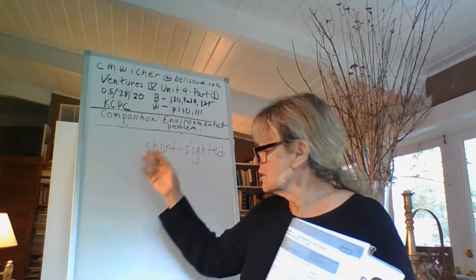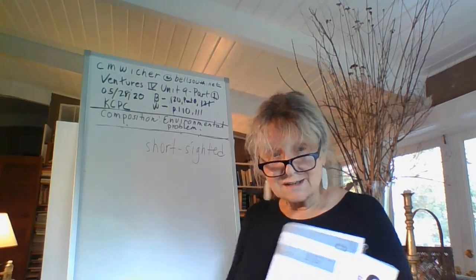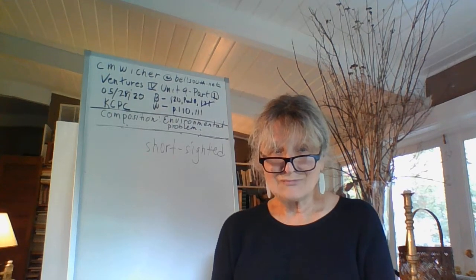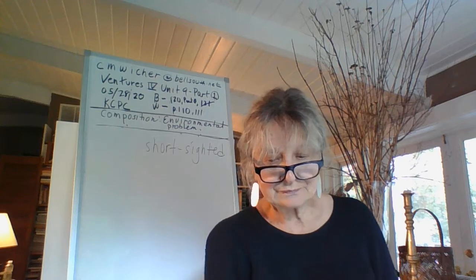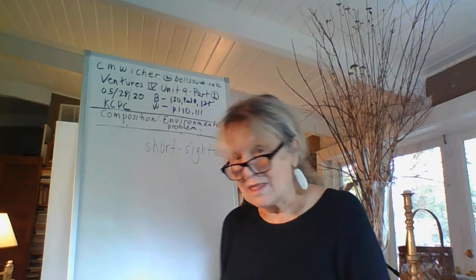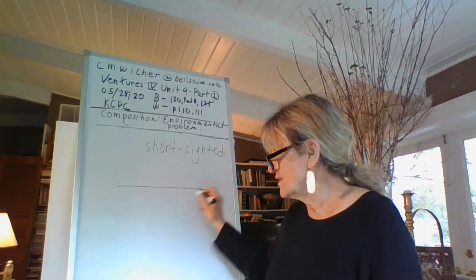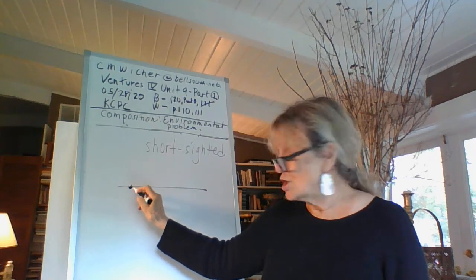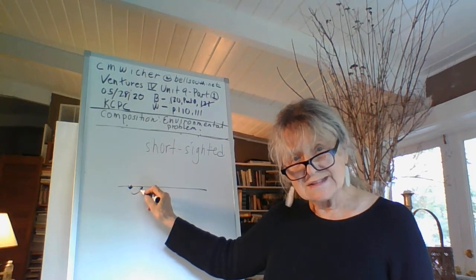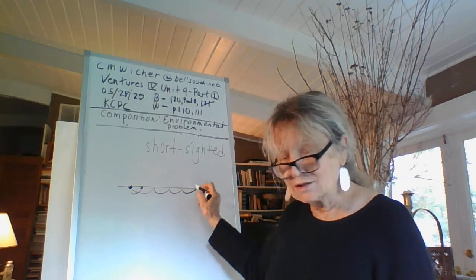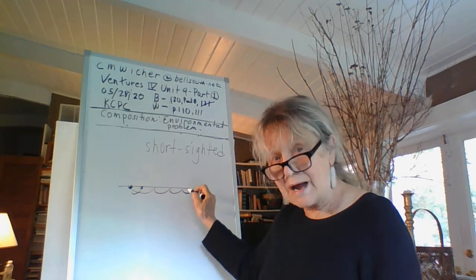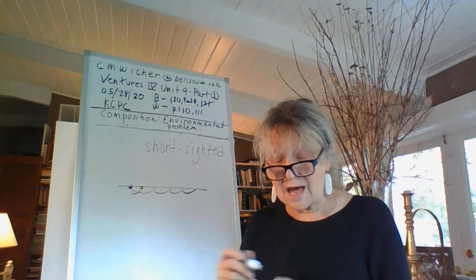How many people thought of short-sighted? What does that mean if something is short-sighted? That means if you are thinking about something here, you're only thinking about one step ahead, as opposed to thinking about the consequences that this might have after you do that.